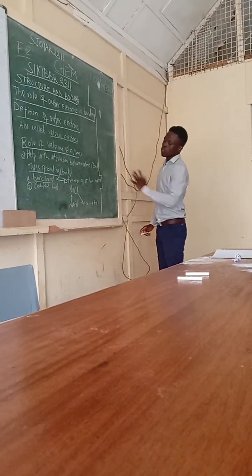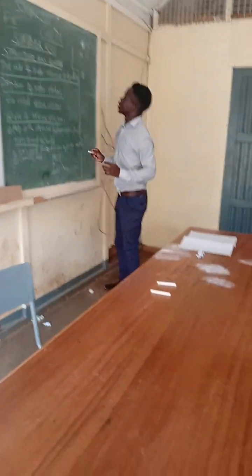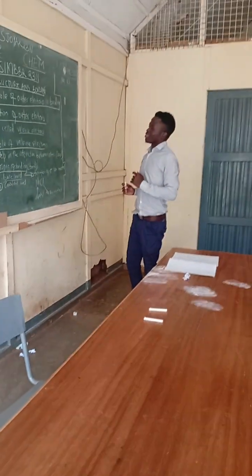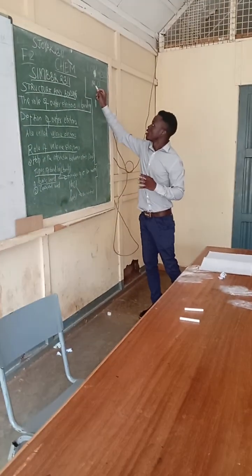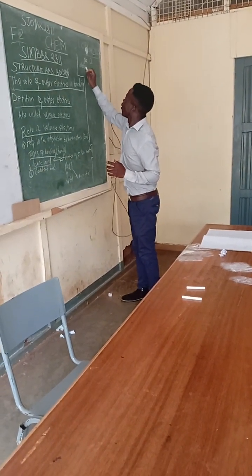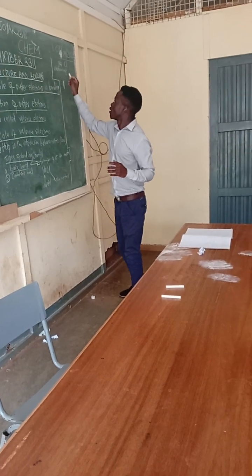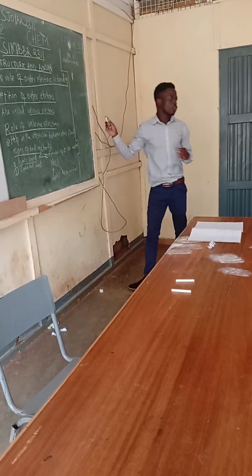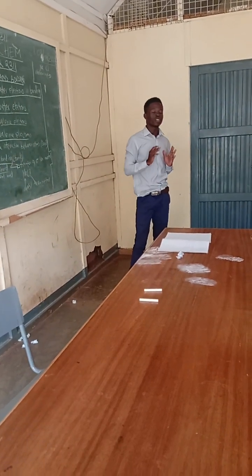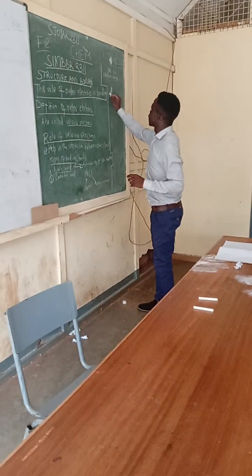For sodium, we have to know its electron configuration. So this one is going to be our assignment today. In our previous class, we learned how to write the electron configuration of different atoms.